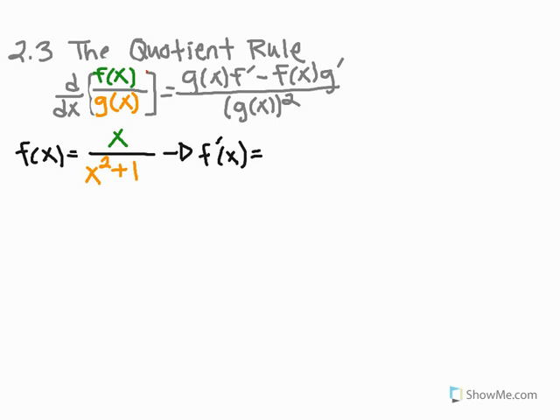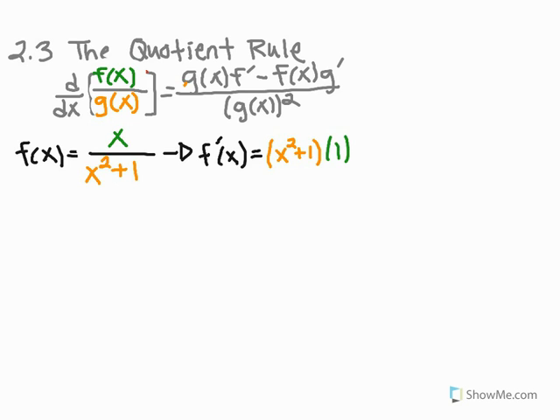So my g of x function is simply x squared plus 1. So that's what I'm going to write for g of x, just like this. And then f prime. So we know that one of our rules says that the derivative of any all alone variable is 1. So that's what I'm going to write right here, just the number 1.